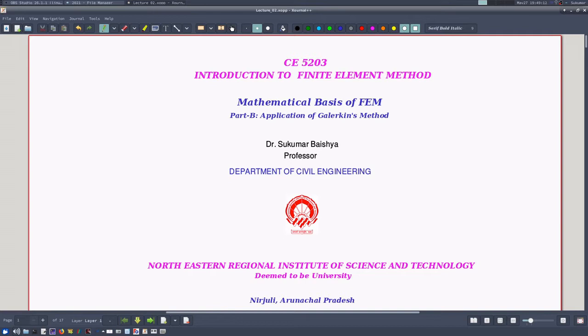Now today we will see some example application of this Galerkin's method, weighted residual method. We'll take up our familiar problem of axial deformation of a prismatic bar, homogeneous prismatic bar, and we'll see how we can apply this classical Galerkin's method.